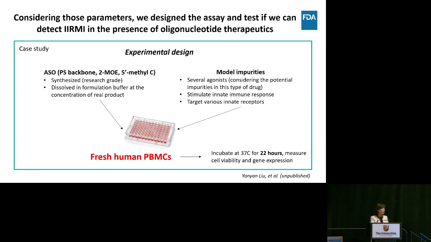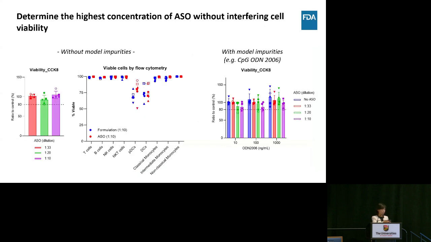To see whether we can detect these impurities in the presence of ASO, we put these in fresh PBMC for 22 hours, and then we checked pro-inflammatory gene expression. First of all, we determined the highest concentration of ASO that does not interfere with cell viability.